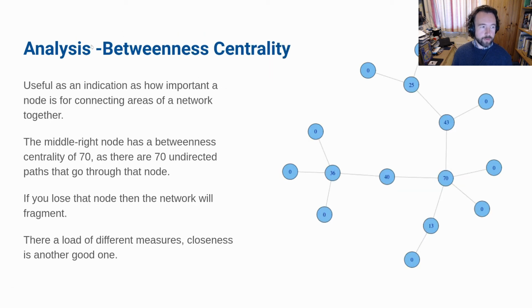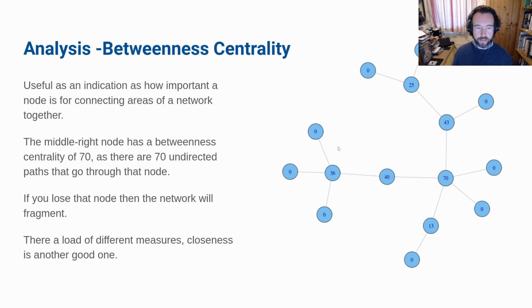There's another one called betweenness centrality. That tells you how many paths, so how many routes through the network, are dependent on certain nodes. So to join these 3 nodes with other bits of the network, for example, that means there are 36 different possible paths that go through here, and then this one, it's 70.